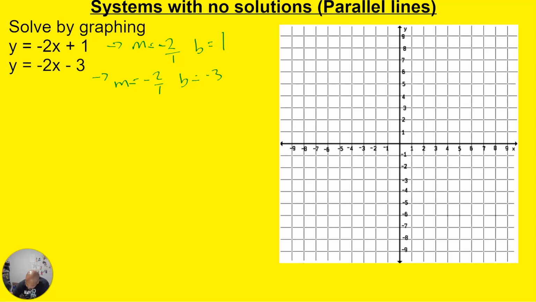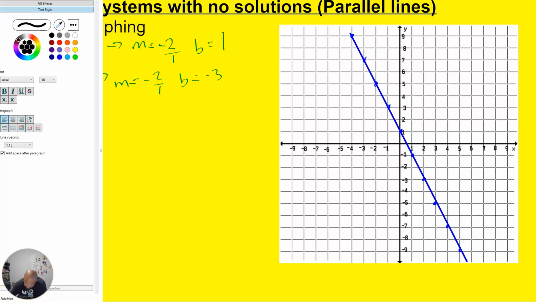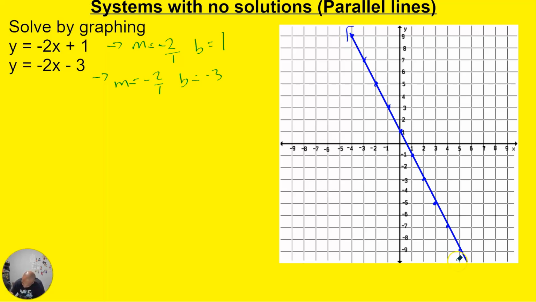I'm going to do the first line in blue: our y-intercept is 1, and our slope is down 2 over 1. Put arrows on the ends, and always make sure we label our lines: y equals negative 2x plus 1.